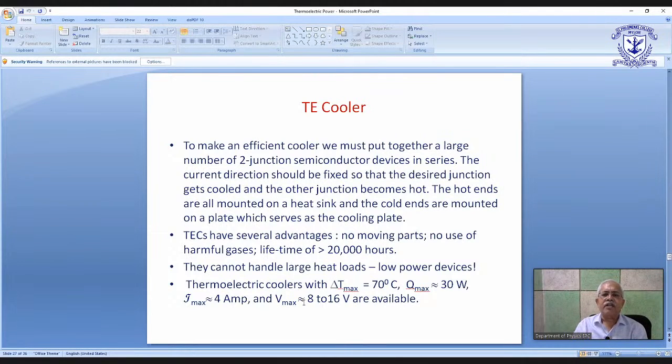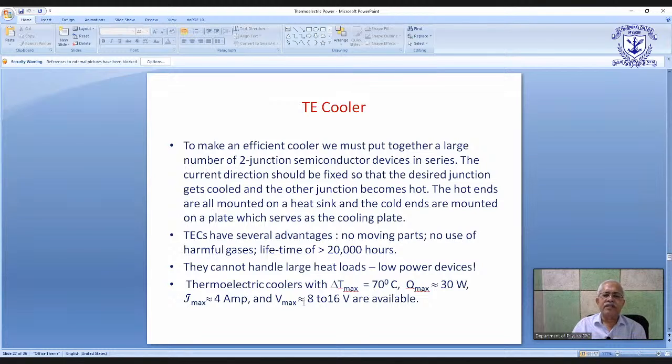The hot metal block can be interfaced to a heat exchanger to throw out the heat, and the cold plate is where you mount the device which is to be cooled. The current through the device should also be fixed so that the desired temperature is maintained.